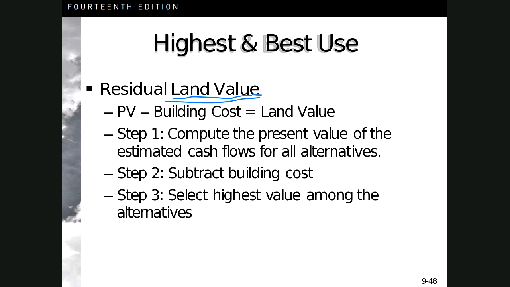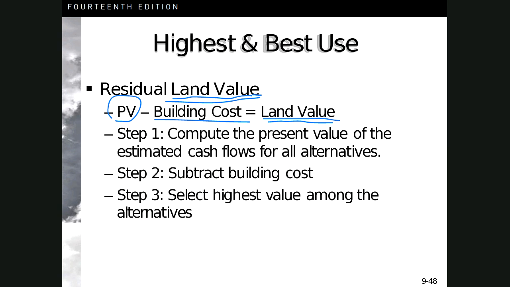And whenever we are looking at the land value, we also have the present value of the whole building minus the building cost, and that should also be the land value. Okay, how do we reconcile these? You think about this as the demand side and the supply side.